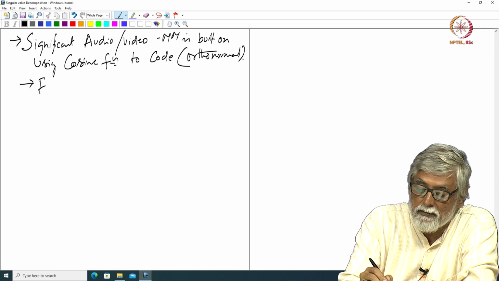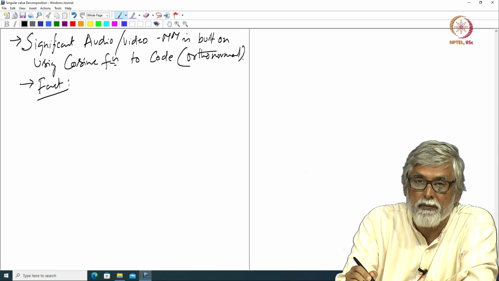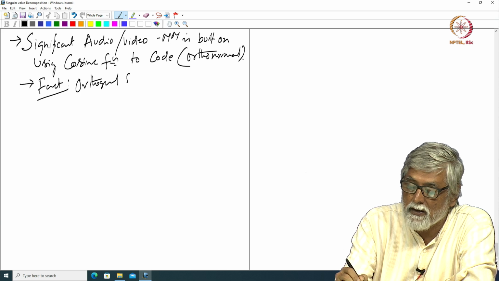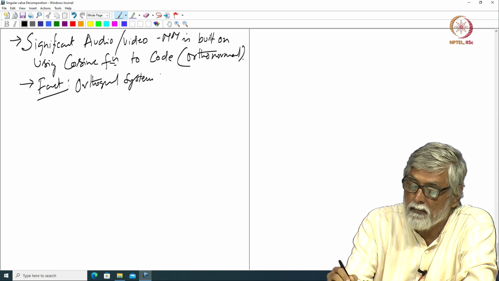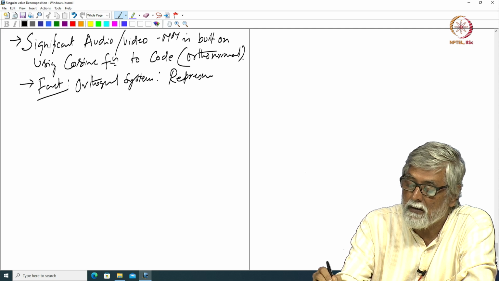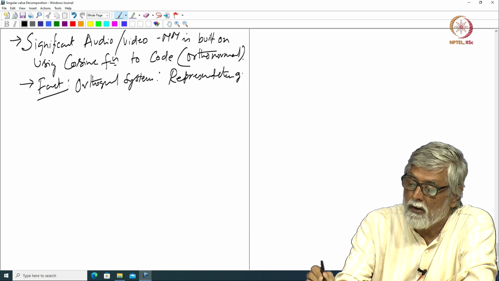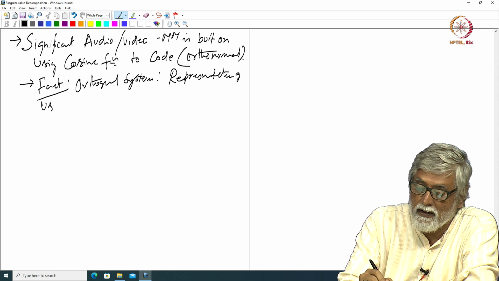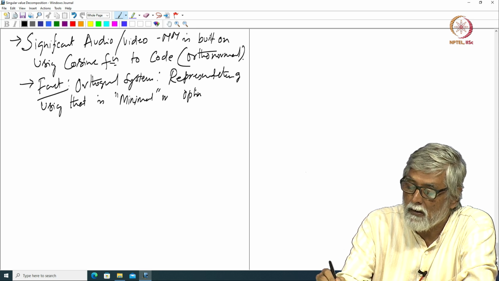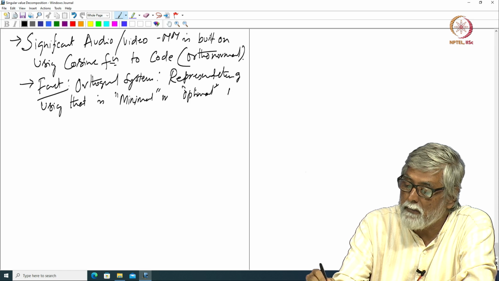One fact: whenever you use an orthogonal system, the representation of using that is in some sense minimal or optimal, or you want to call it best.